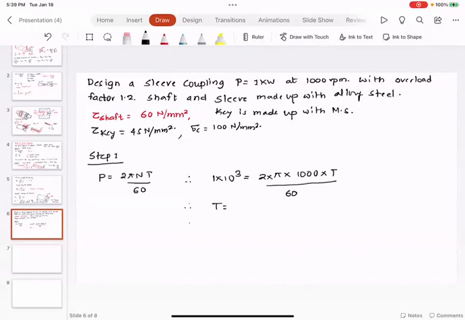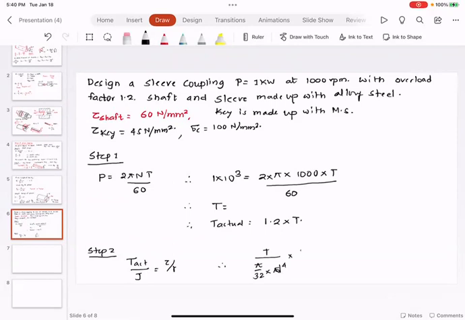So whatever torque you get, you would say T actual is equal to 1.2 times T. Are you with me? Next thing is step 2, shaft design. When you design the shaft, you would use T actual over J is equal to tau divided by R. So you substitute the value of T actual. J is pi by 32 D to the power 4, and we are going to use a solid shaft.